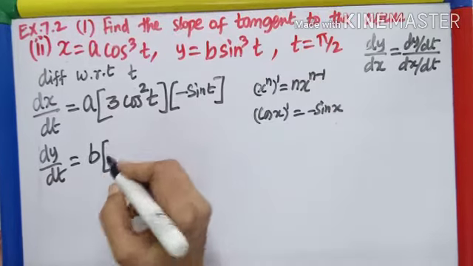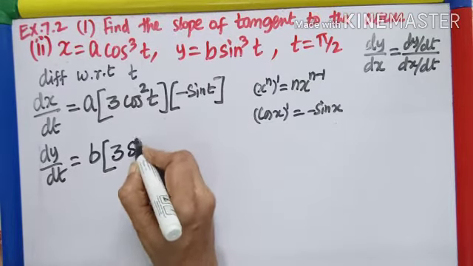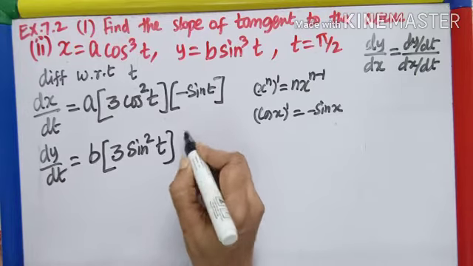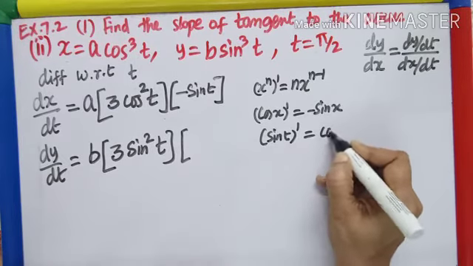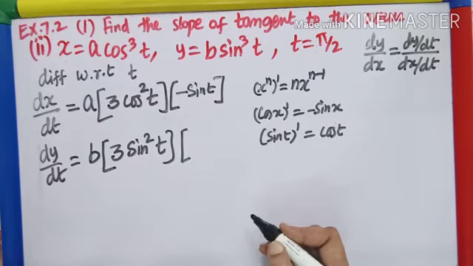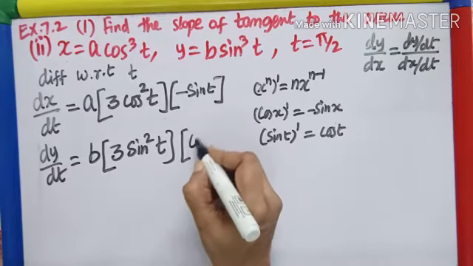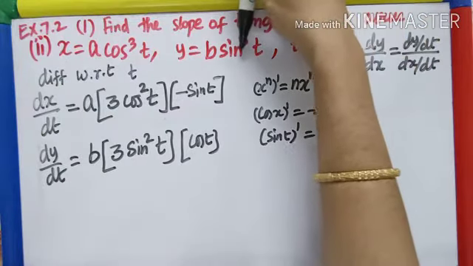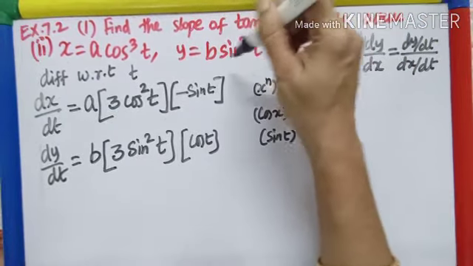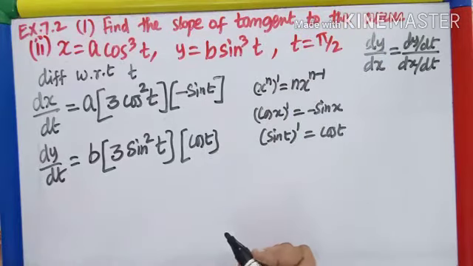Sin cube, same pattern: 3 sin square t into sin t derivative. Sin t will become cos t. First the power 3, then hide the power 3, I get sin t, differentiate sin t, which becomes cos t.